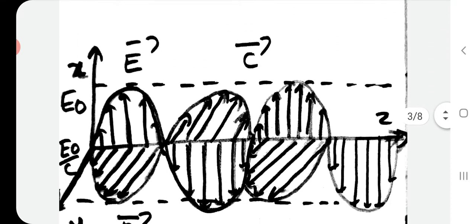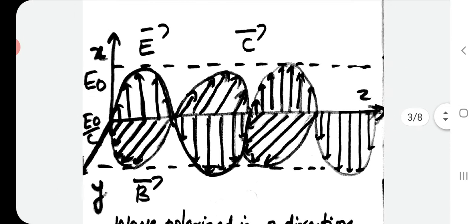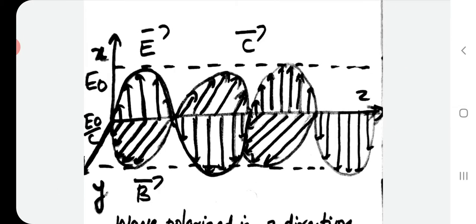Now we are representing the electromagnetic wave described by the two equations that we just saw. We can see here the z direction, the horizontal direction, where the electromagnetic wave is advancing, and we can see the electric field pointing in the x direction, varying sinusoidally, represented by the arrow marks, the different lobes.